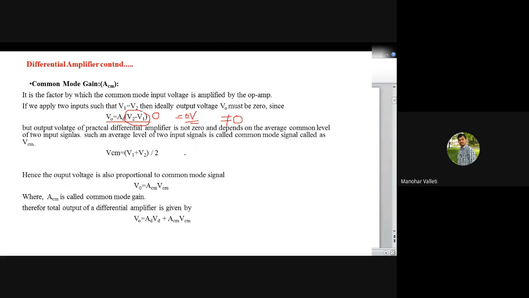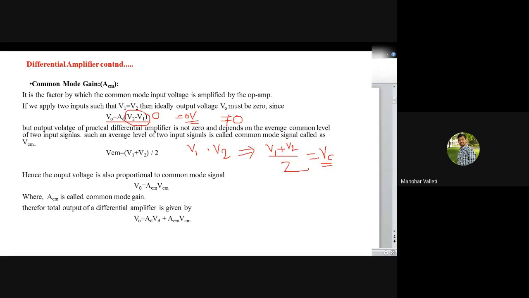As we are applying two signals V1 and V2, we will consider the average of the two signals, V1 plus V2 by 2. This we are calling the common signal.